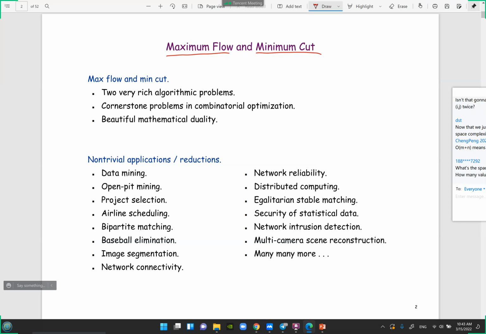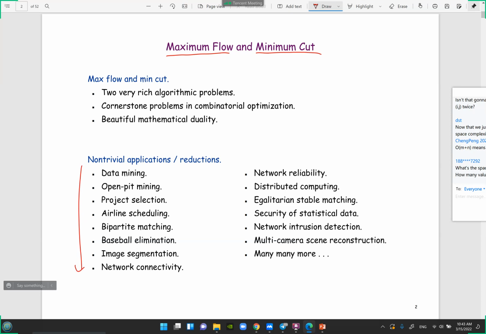You can map many other kinds of problems into a max flow min cut type problem, and then use the max flow algorithm to solve many of those. Here they listed a bunch of these applications, and we're going to look at a few of them in the next lecture.